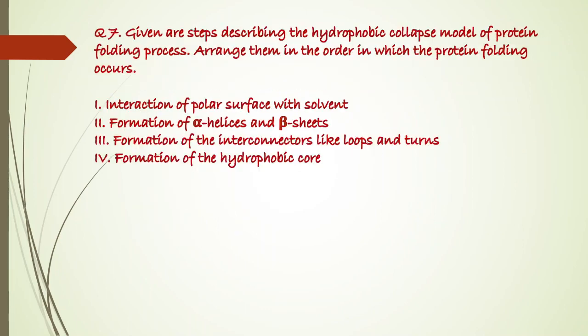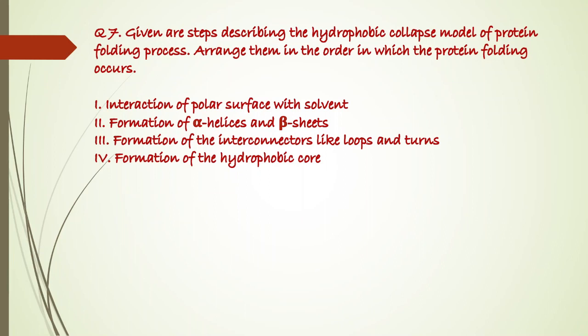Moving to the next one. It states, given are the steps describing the hydrophobic collapse model of protein folding process. Arrange them in the order in which the protein folding occurs. There are many models by which we describe protein folding.